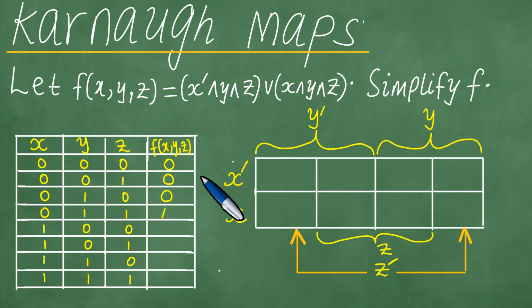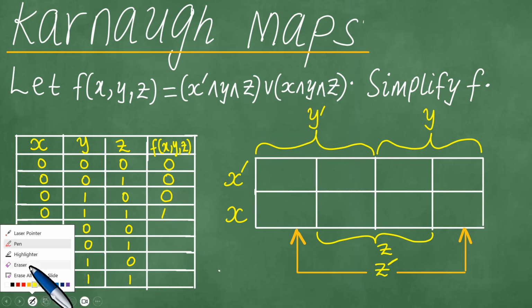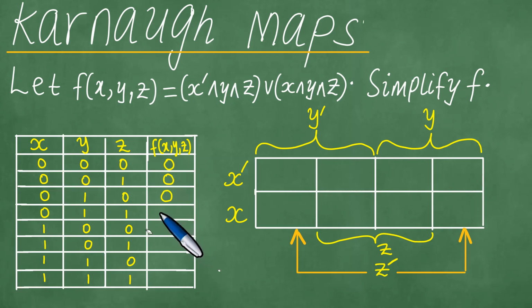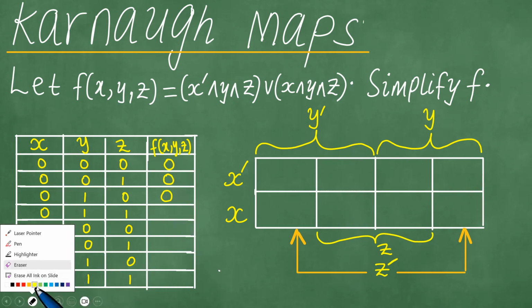Because not 0 is a 1, a 1, a 1 becomes a 1. Or you have a 0 and a 1 and a 1. So this becomes a 1.